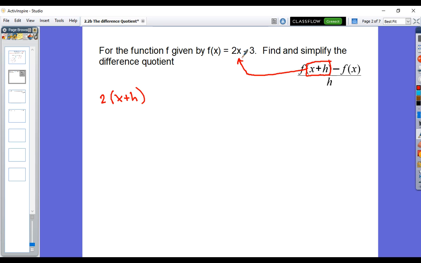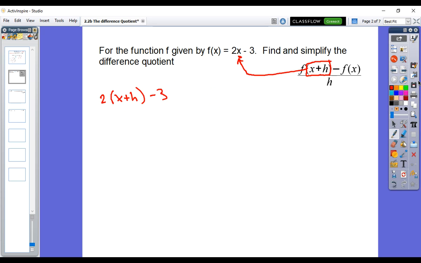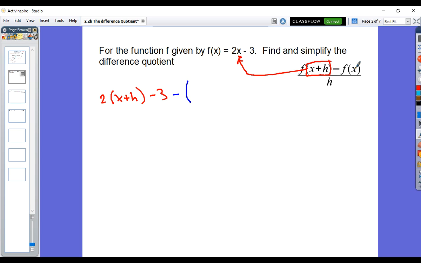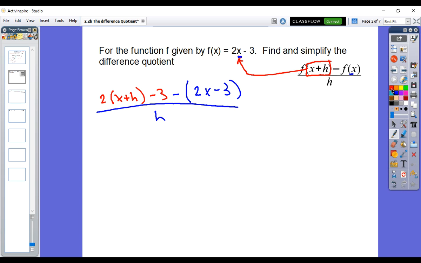So we replace the value of x with the new part, minus 3. That's the only thing that changed. So that's y2. And then it's minus y1. Now we're replacing x right there, giving us 2 times x minus 3, all over h. So that's what happened. So let's simplify that.